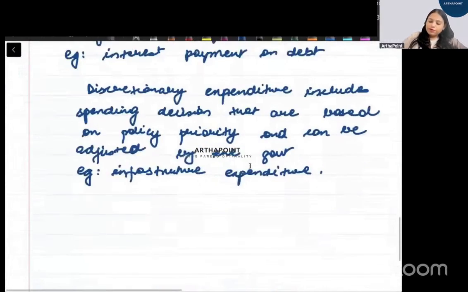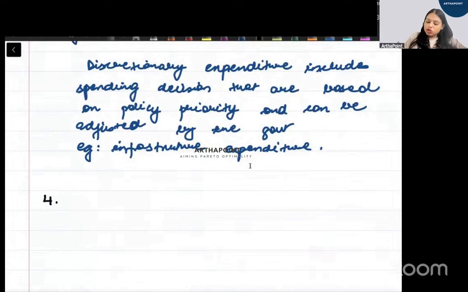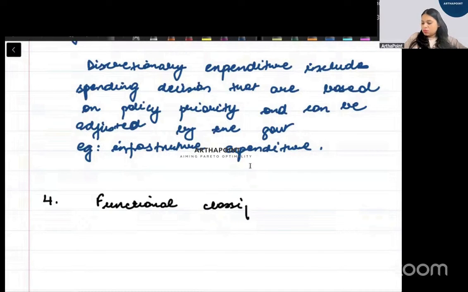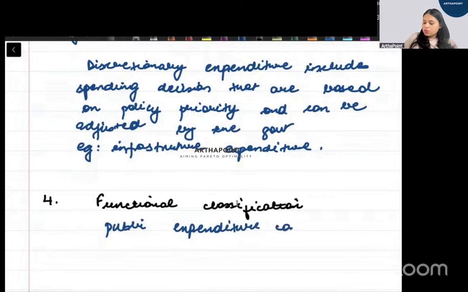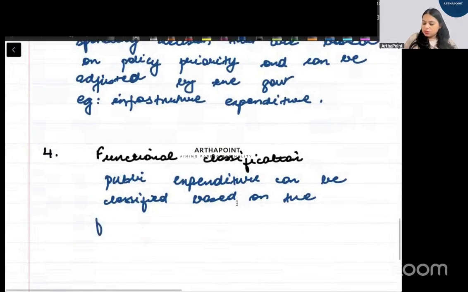Fourth is functional classification. Based on the function, like defense expenditure, education expenditure, healthcare expenditure. So classifying expenditure based on the function they serve. So public expenditure can be classified based on the function they serve.